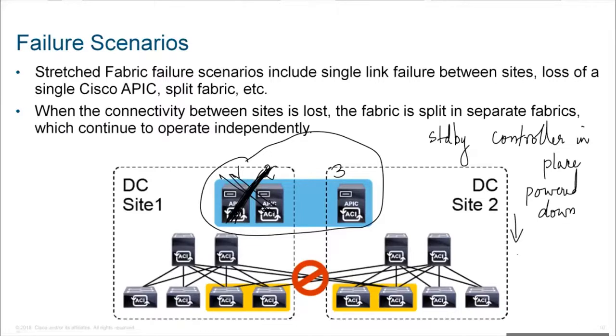Before I power it up, it will give you an error saying that controller number 2 had a different chassis ID, because these have their own internal IDs, and it will say this was a different switch.